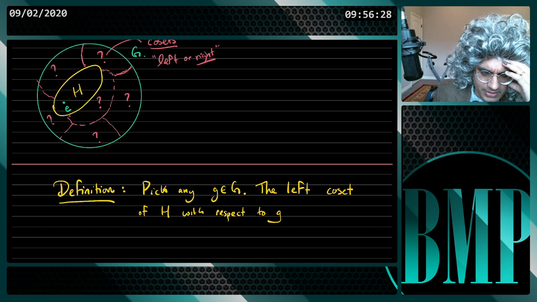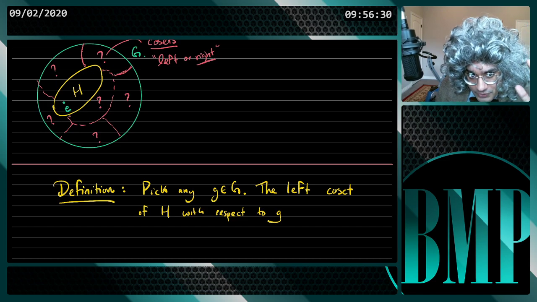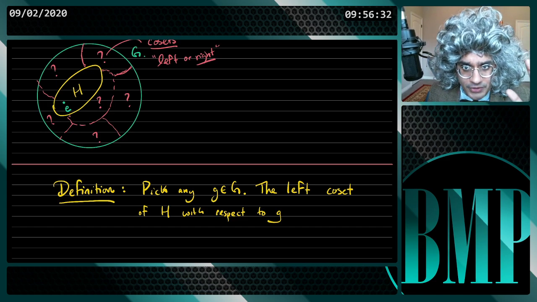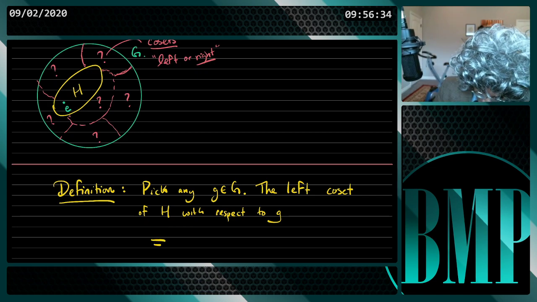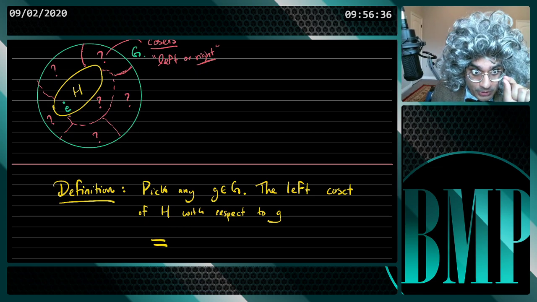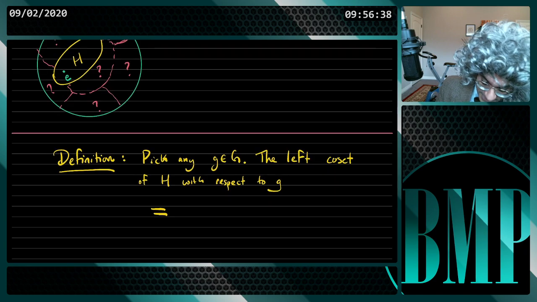It's been like 15 years. The left coset of H with respect to g, or however you want to call it, is, this is the definition. You read this thing, okay, it's this.